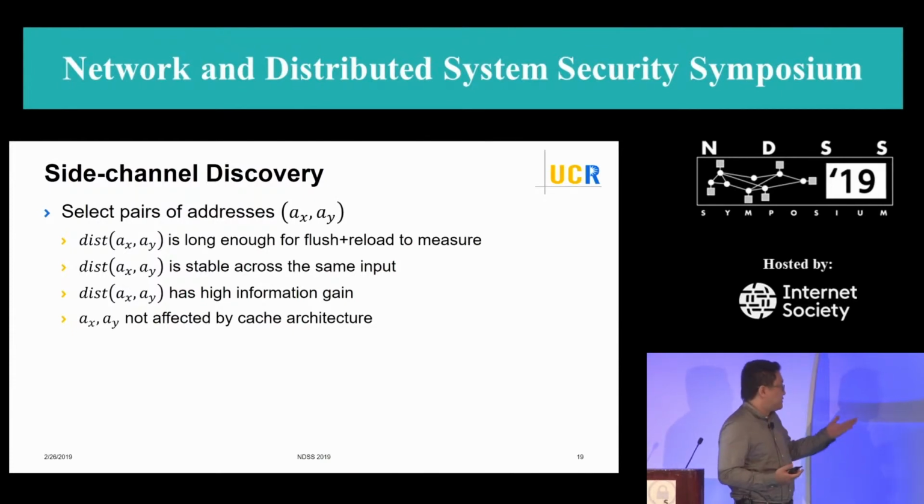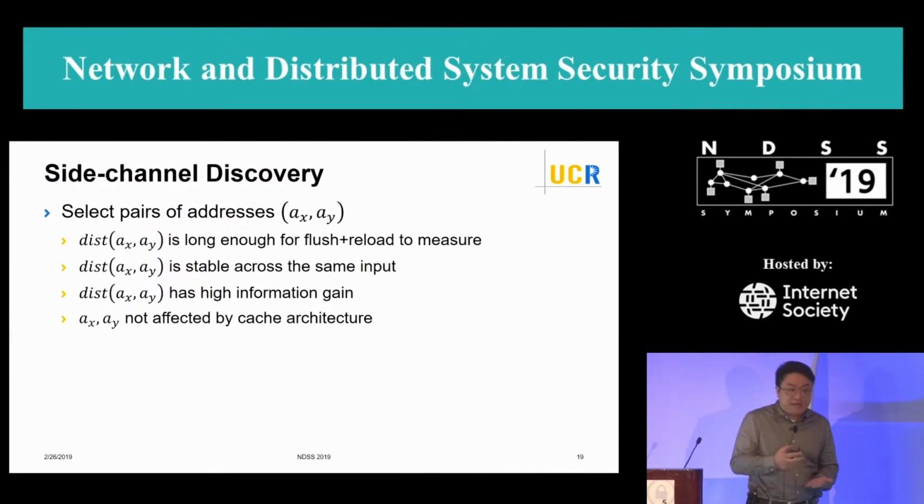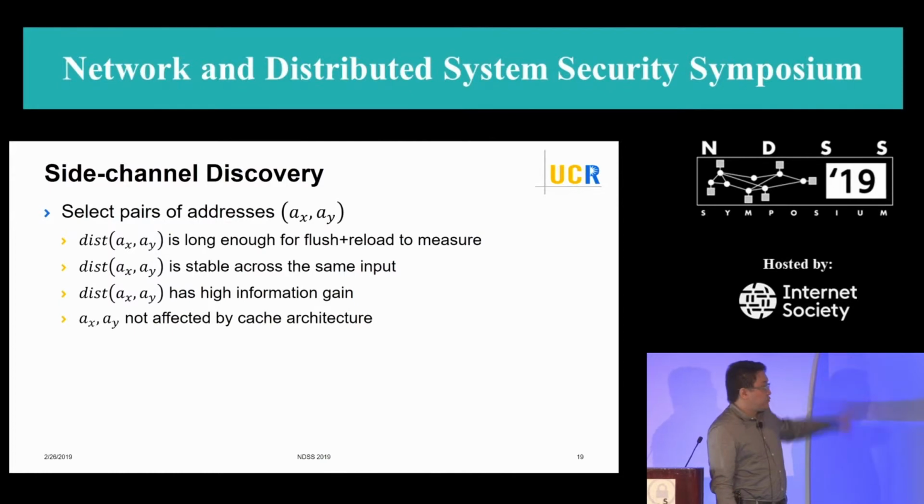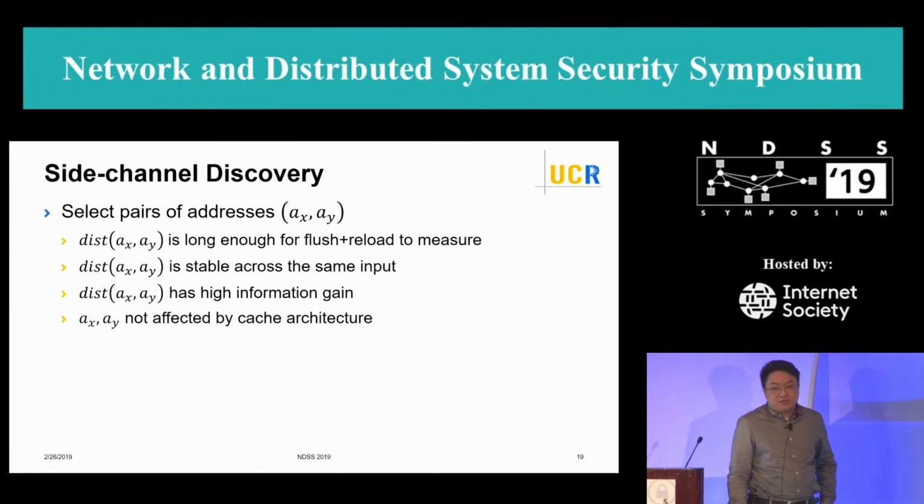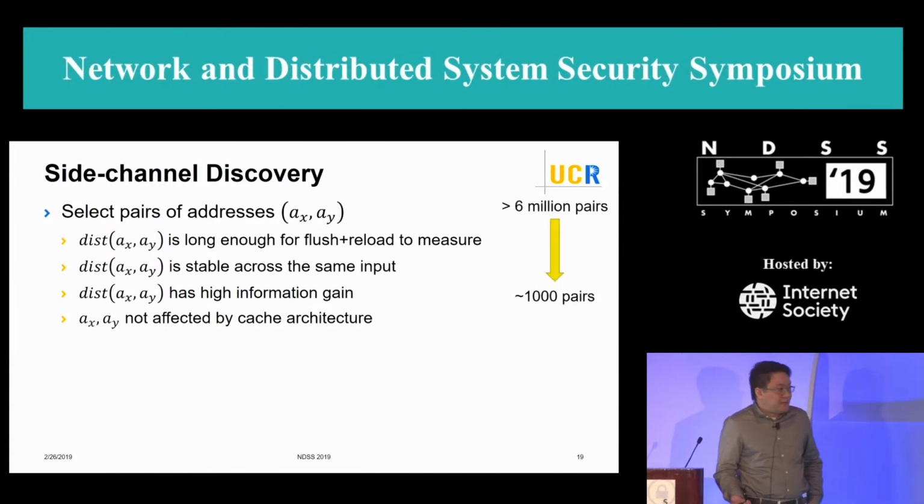For example, we want the addresses not to map to the same cache set, and they shouldn't prefetch each other. This creates some criteria we can use to filter out address pairs that are not suitable for the attack. In our onboard case, for example, in one library we found 6 million pairs, but after this filtering, we are left with around 1,000.